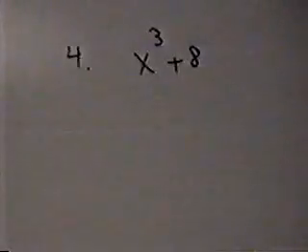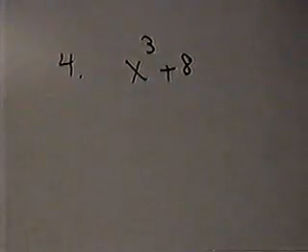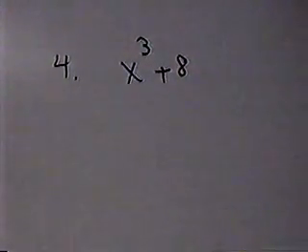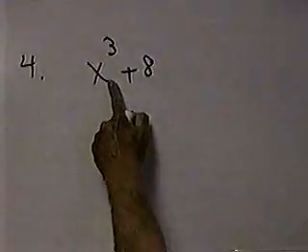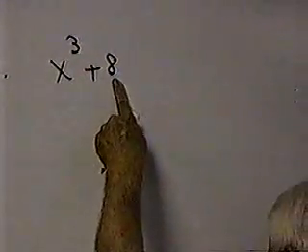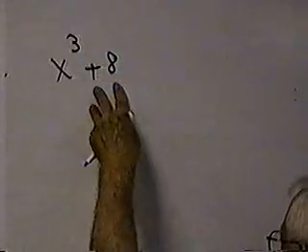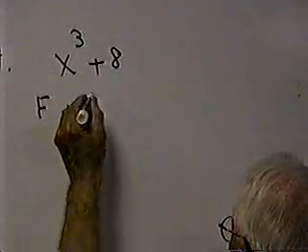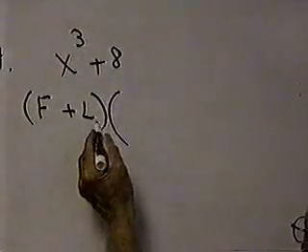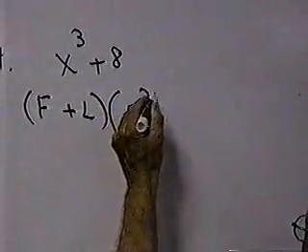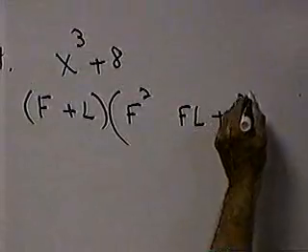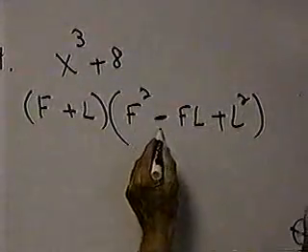Now, example 4 is a special case, just to memorize, not any kind of thinking or reasoning it out, just memorize it. If this is a cube, and this is a cube, in other words, something multiplied 3 times, then it's the first, last, first squared, first times the last squared, and opposite sign, whatever this is.